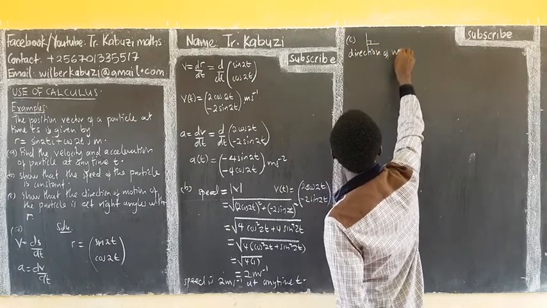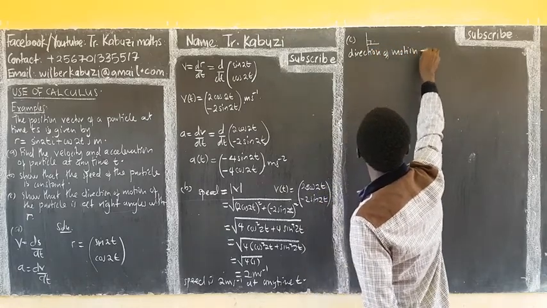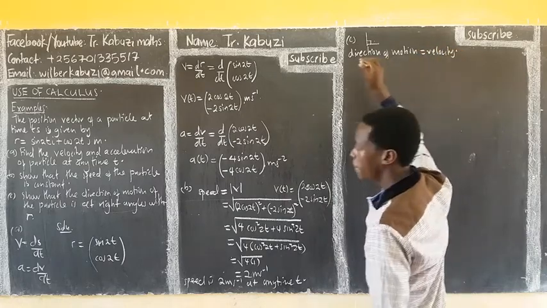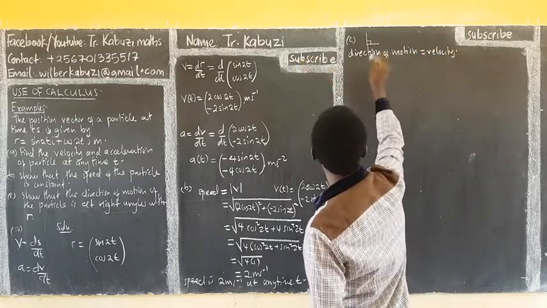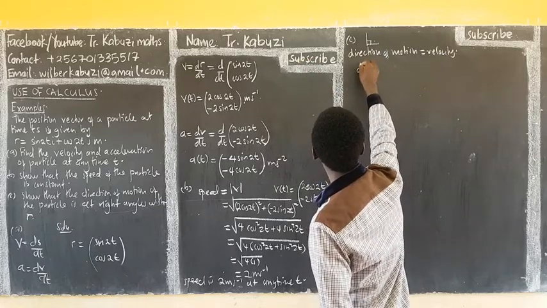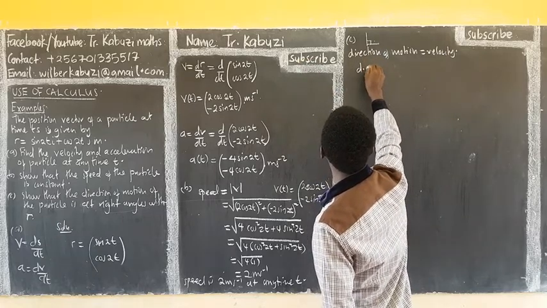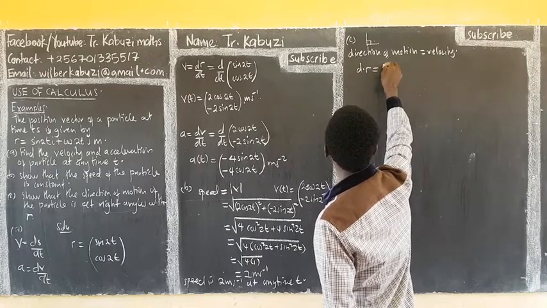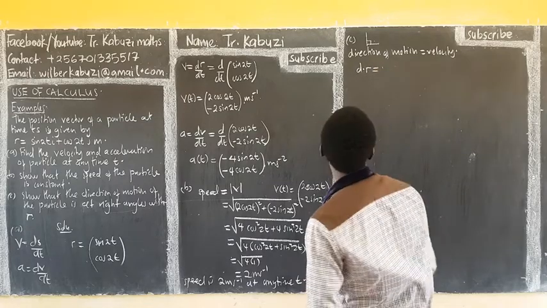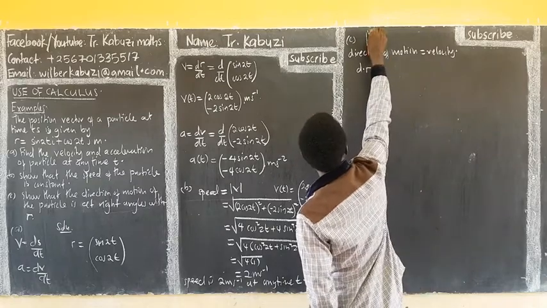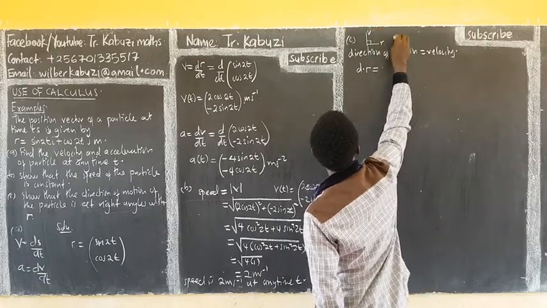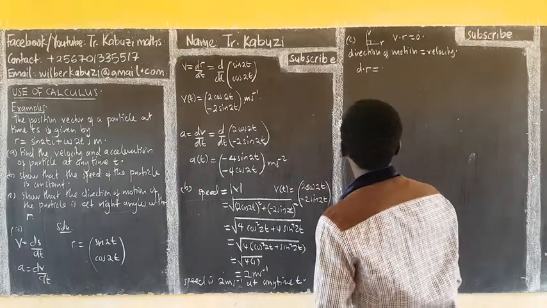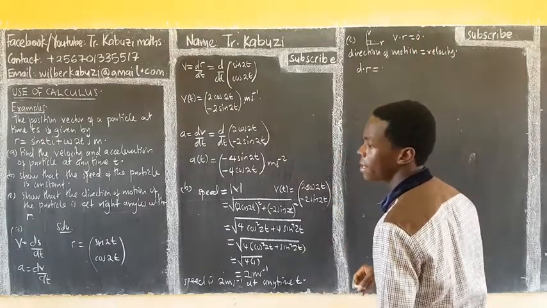So the direction of motion is equal to the velocity. If I dot the velocity with r, I should get 0 if they are perpendicular. So let us see what happens there.